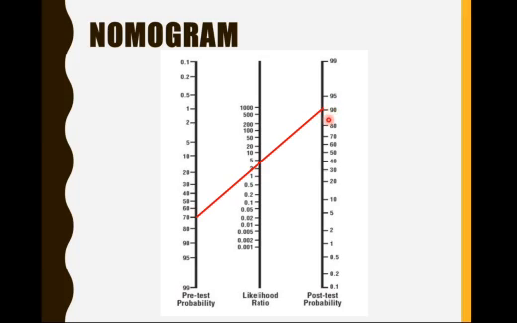So that's what Fagan did to be able to calculate the post-test probability given a pre-test probability and the likelihood ratio.